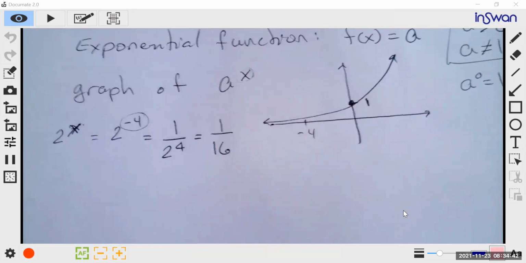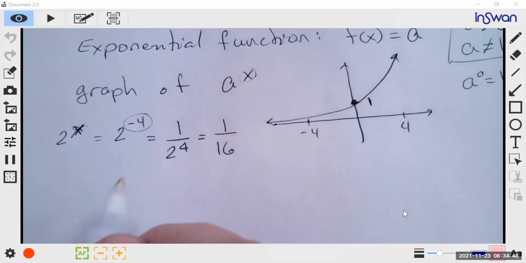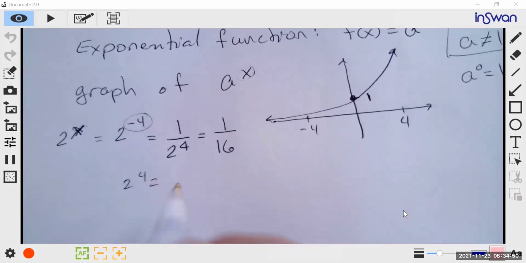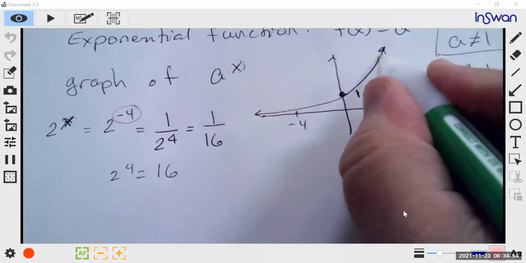So it's got to be pretty small. If it's over here at +4, 2 to the +4 is +16. So here it goes very high.